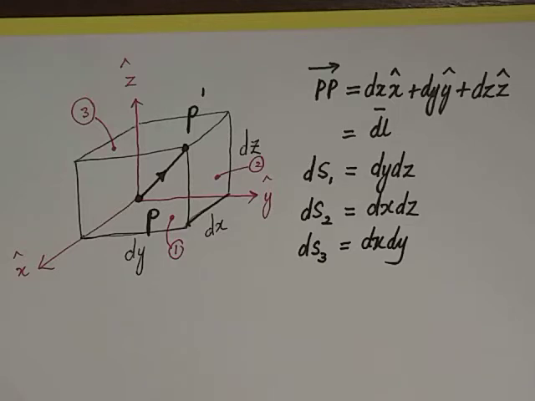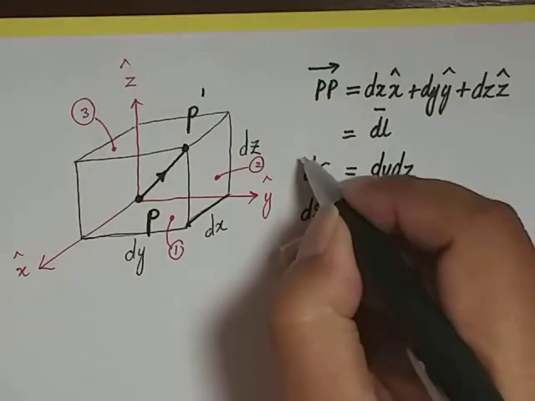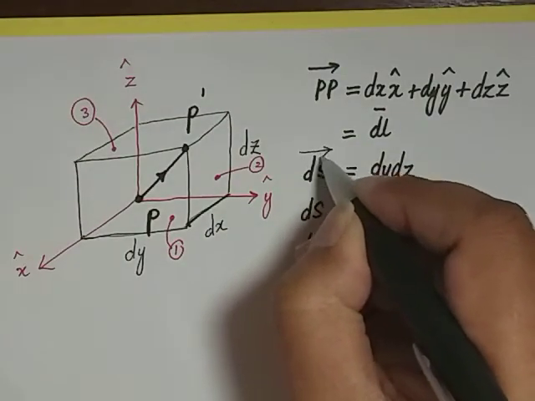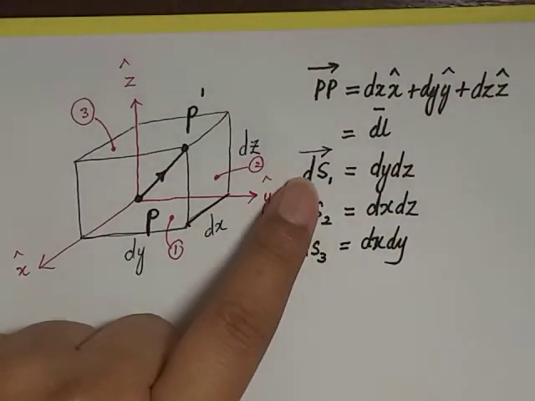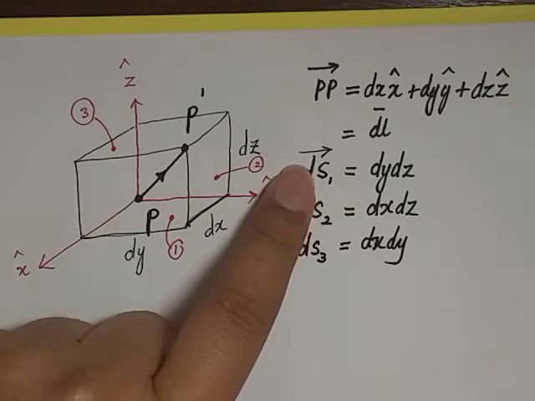But we can also represent area in terms of vector. So when we talk about vector, it must contain two pieces of information. First, the magnitude. Second, the direction. So for surface vector, it's very simple. It still contains those two, the magnitude and the direction. So if I want to represent ds1 as a vector now, I'm putting an arrow on top of this ds1 indicating this should be a vector.